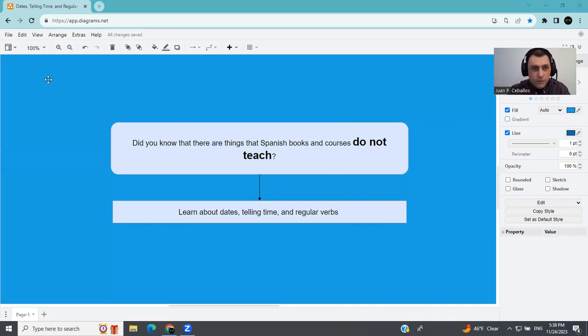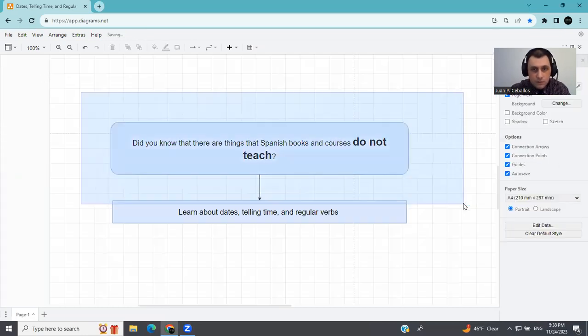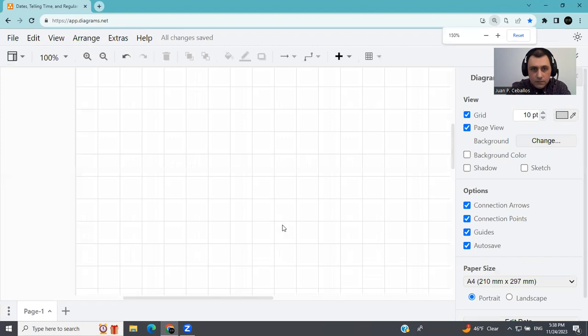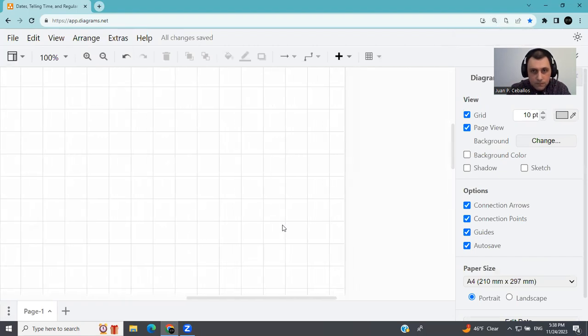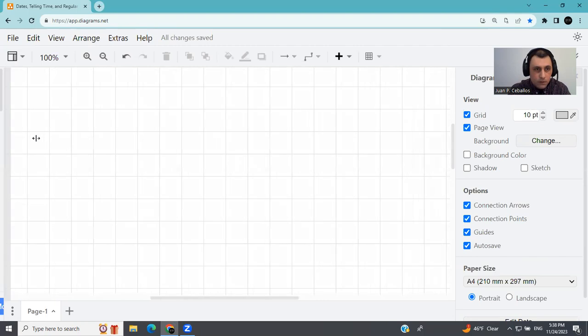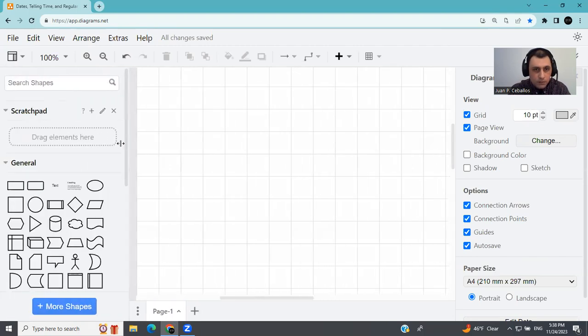To make things more simple, I'm going to erase all this and I'm going to explain using flowcharts. Let me increase the size of the screen. So first, I'm going to talk about dates.